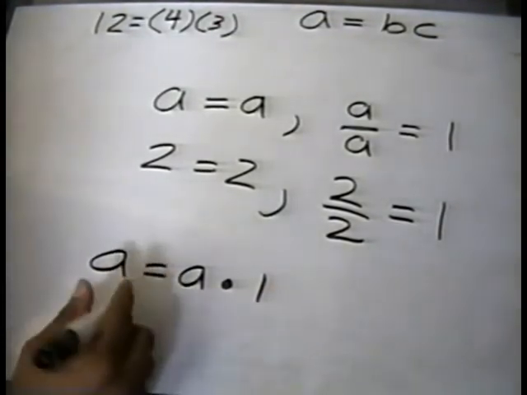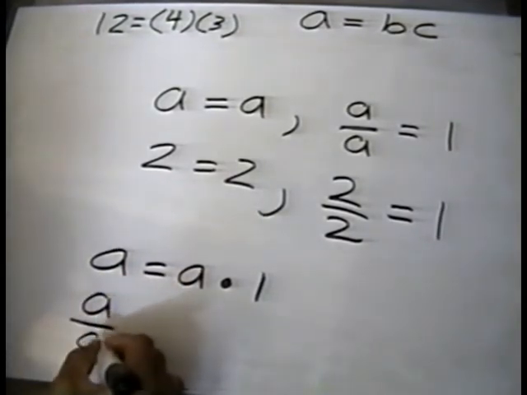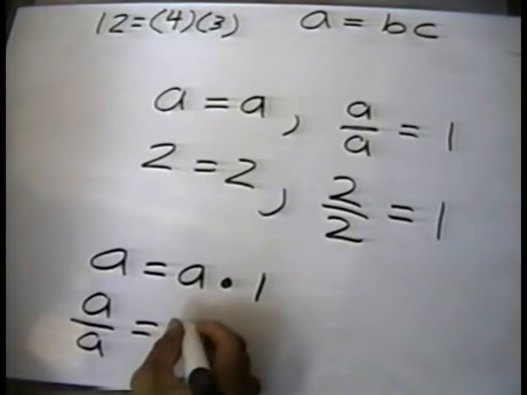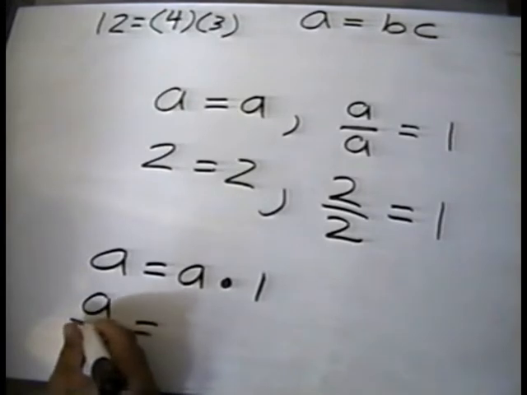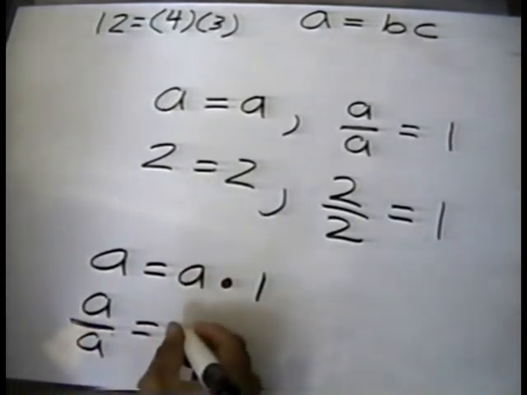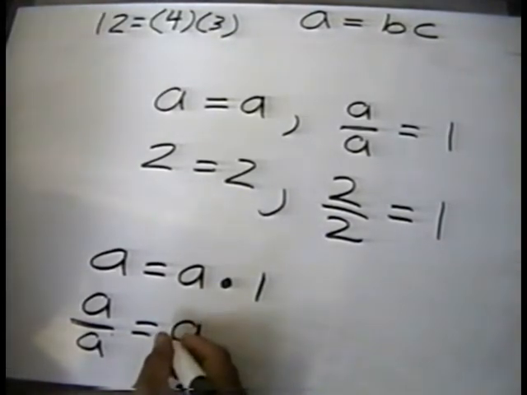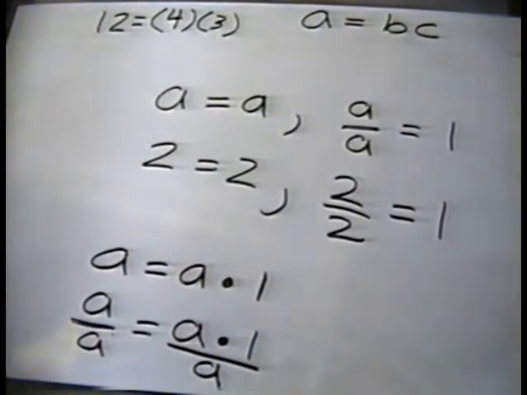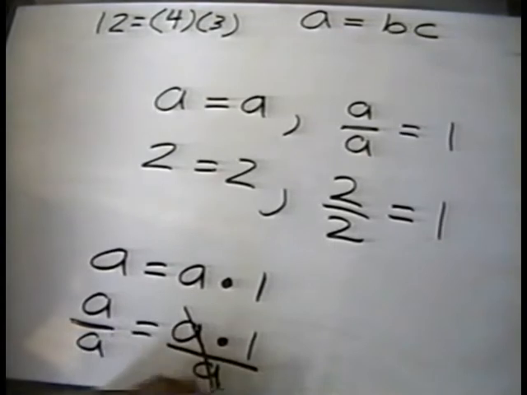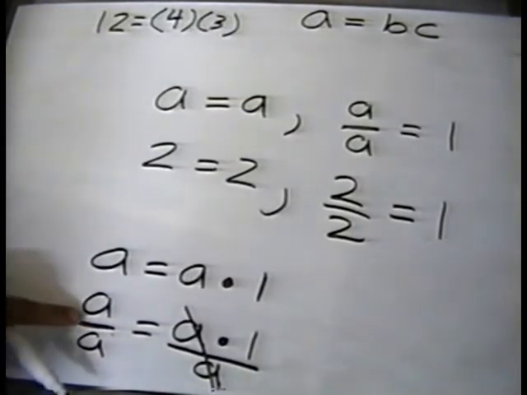Here, because 2 over 2, 2 divided by 2 equals 1. See? Or that's because you can say A equals A times 1. If I divide both sides of this equation by A, I'm going to get A over A. But my point is it cancels out.